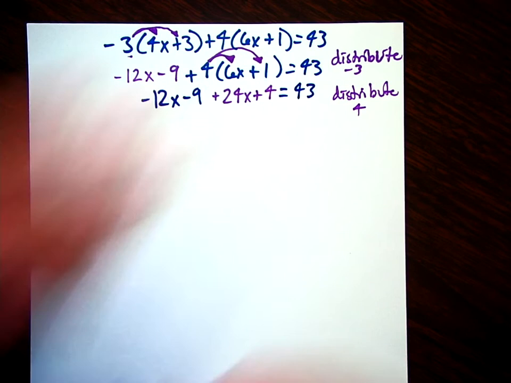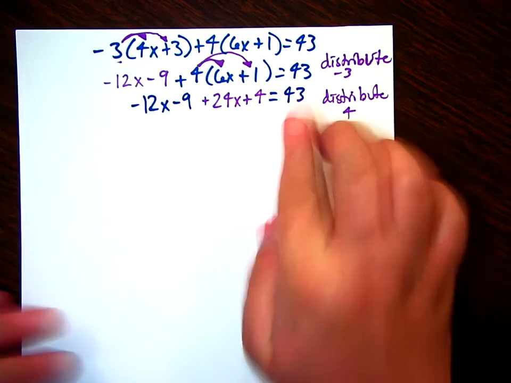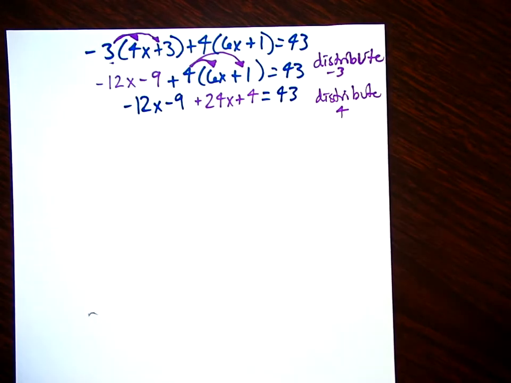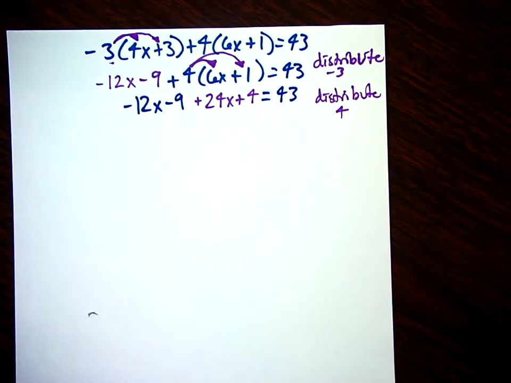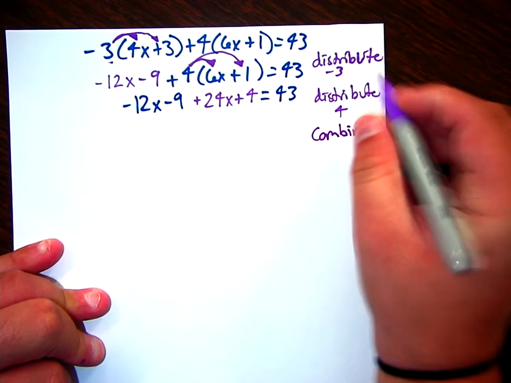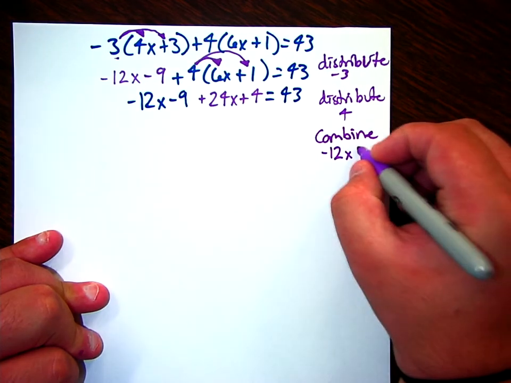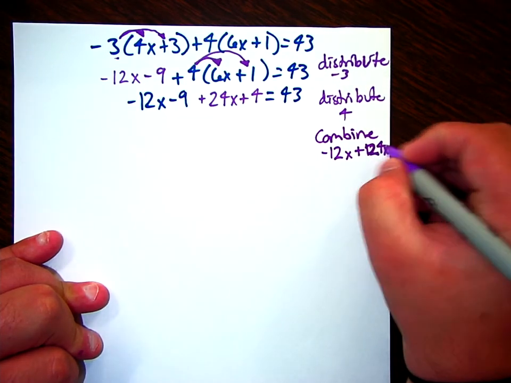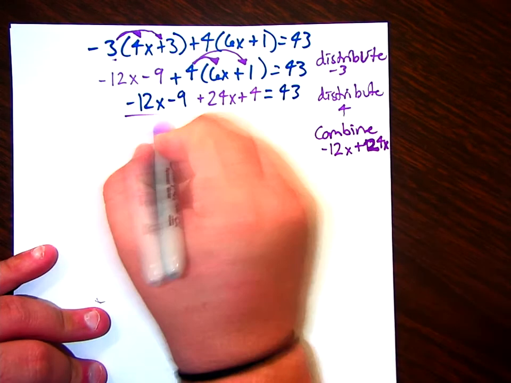We know on this side I don't have any like terms. But what about the other side of the equal sign? Over here, do we have like terms? We certainly do. So I have to combine those guys. We're going to combine negative 12x and positive 24x.